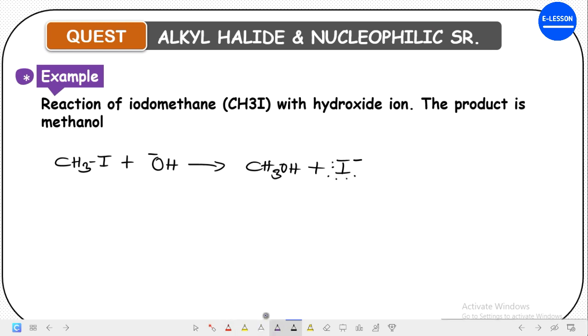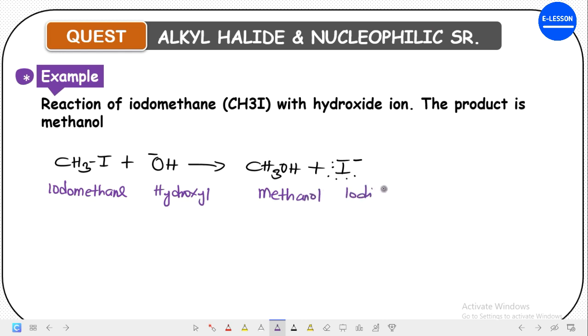So what do we call this? Iodomethane or methyl iodide. OH is called hydroxy group. This is called methanol. And this is called the iodide ion.